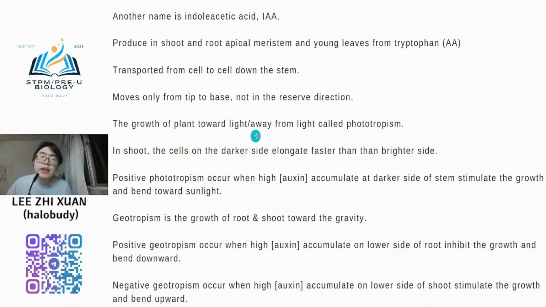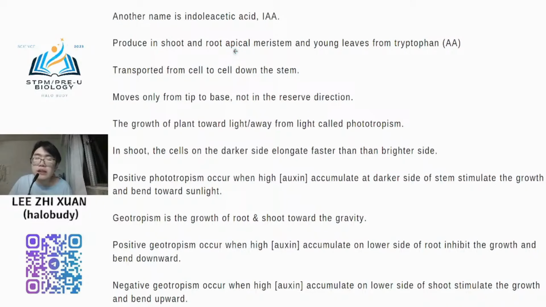When the growth of the plant responds toward the light, it is phototropism, right? And when the growth is toward the gravity, we call it geotropism. Normally auxin is produced in the apical meristematic cells.